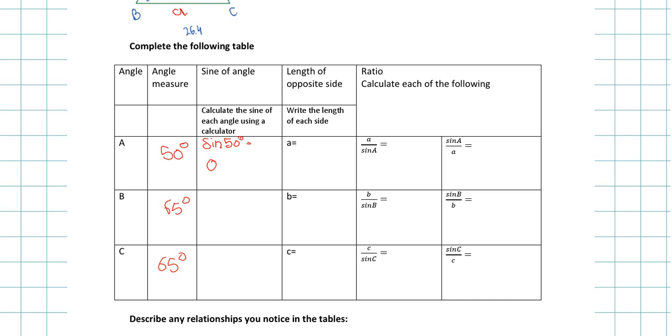What is it? 7660? Okay? Now do the same thing for sine 65. .9063. Okay?